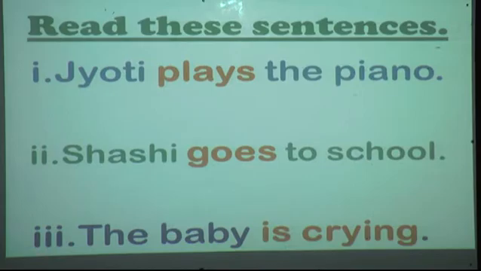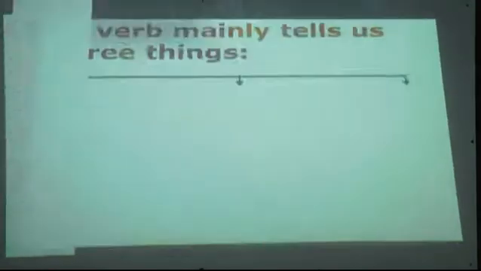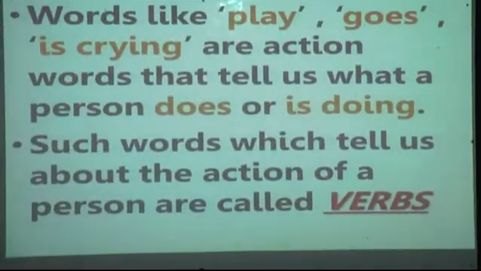What are these words? Words like plays, goes, is crying are what? Action words. Yes, and that tells us what a person does or is doing. So such words which tell us about the action of a person are called verbs.